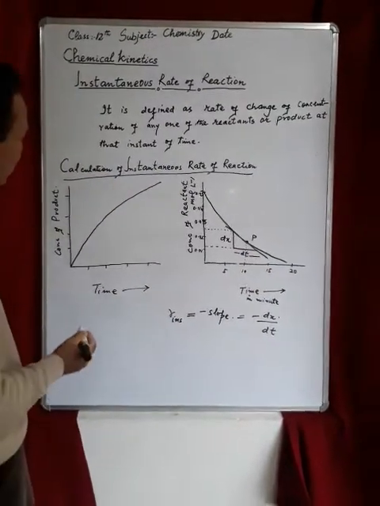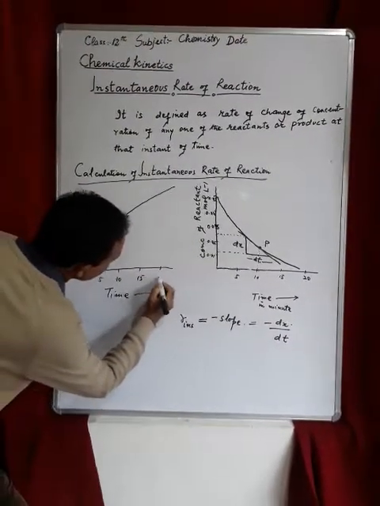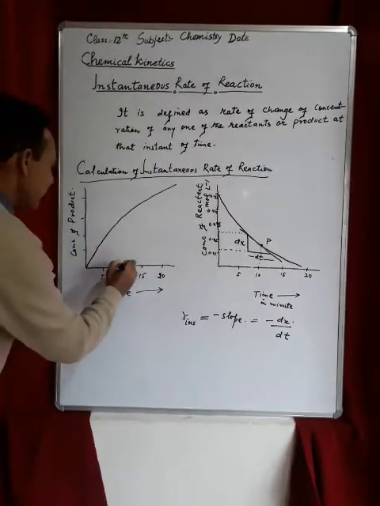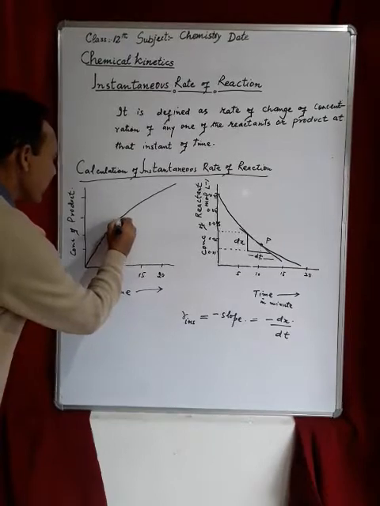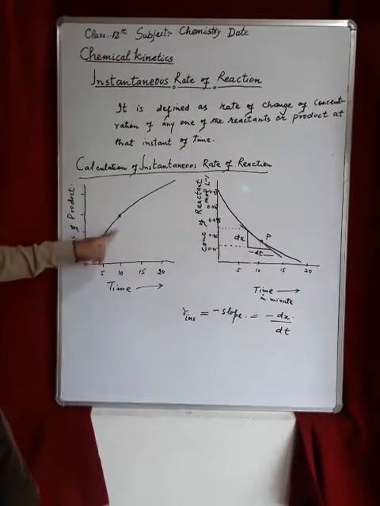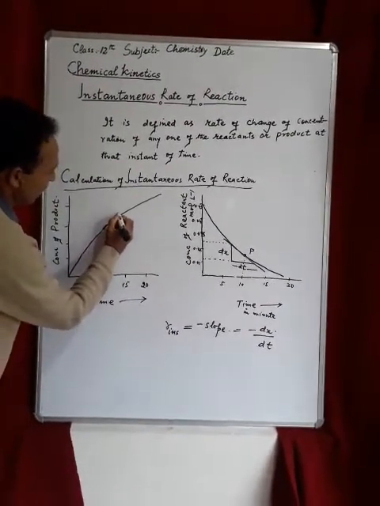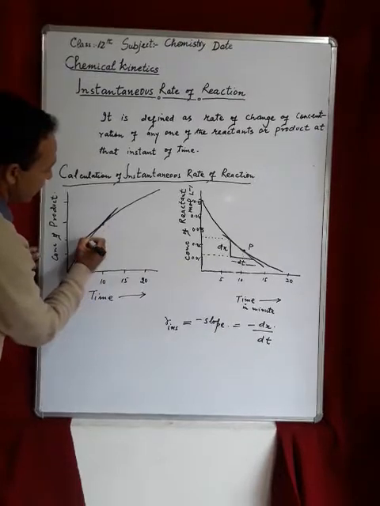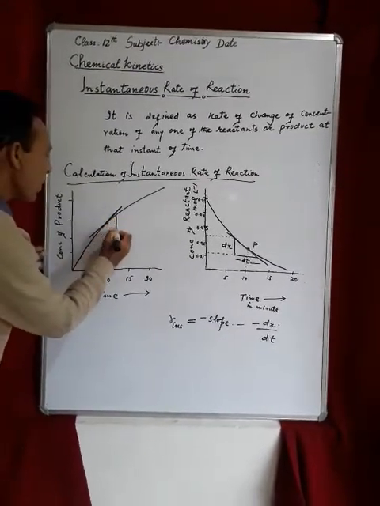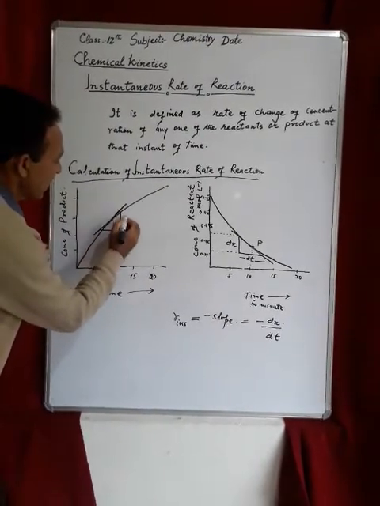Similarly, if we have to calculate it for the product, say at t equal to 10, this is the point which corresponds to the time where we have to calculate the rate of reaction. At this point we draw a tangent to the curve, and the slope of the tangent will determine the rate of reaction.